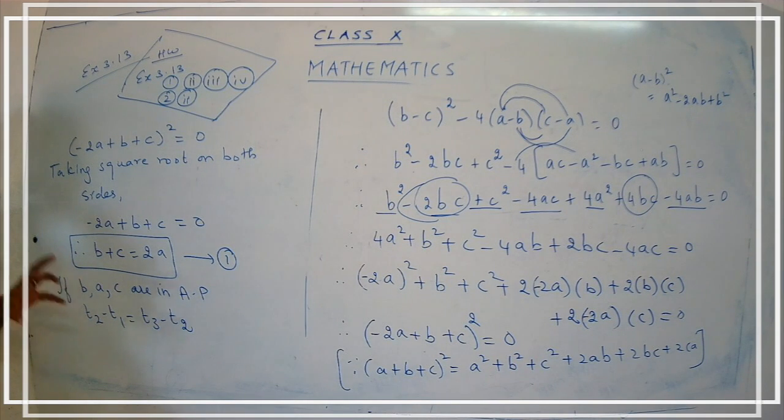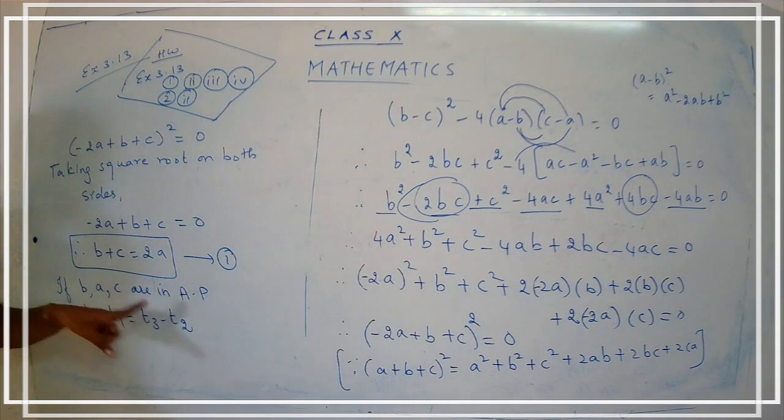So if you have any particular sequence in AP, this is the first term, that is we call as T1. Second term is T2. The third term is T3. So when you have in AP, the difference is same. So T2 minus T1 is equal to T3 minus T2.